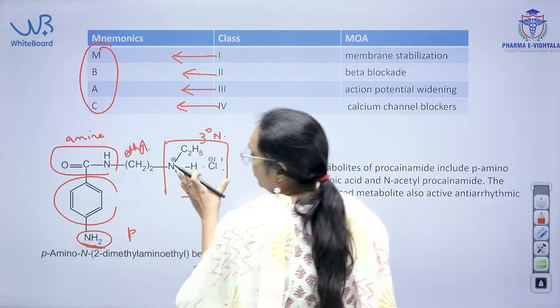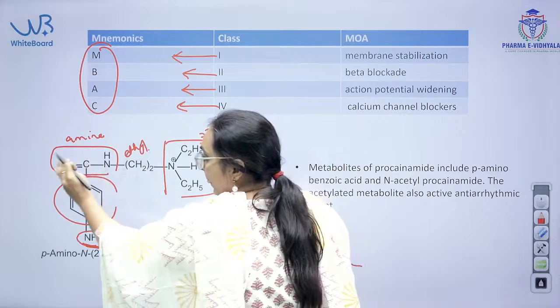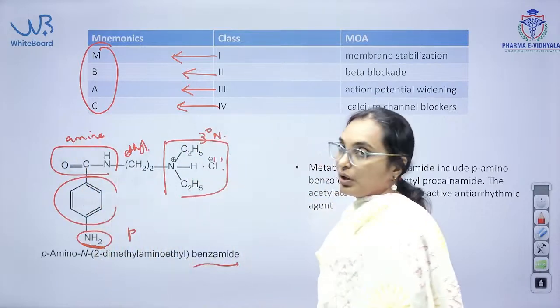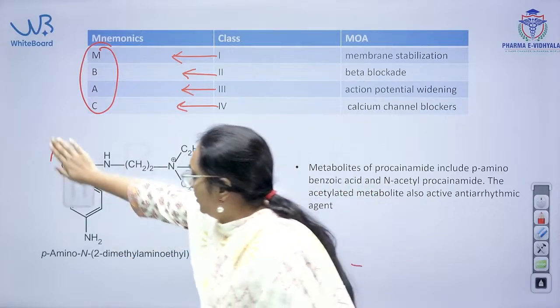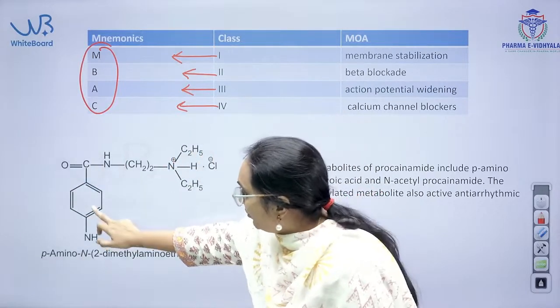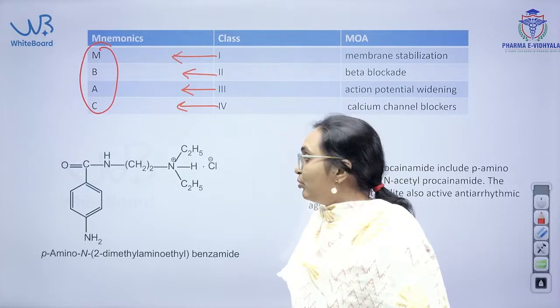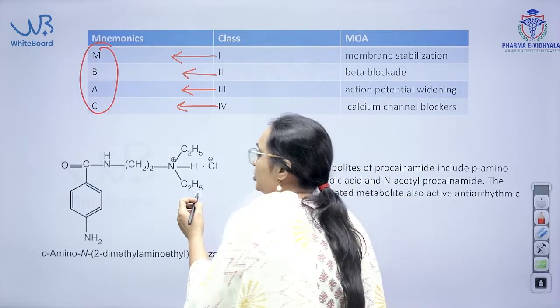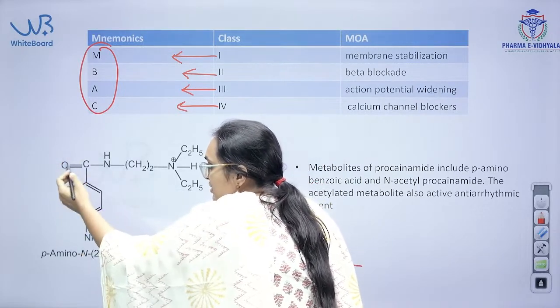So para amino, dimethyl ethyl benzamide. Important points, what I said: the tertiary amine is important for activity. You have a tertiary amine with two ethyl groups, and the amide, benzamide, CONH.